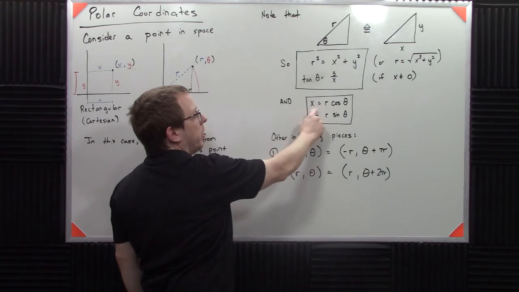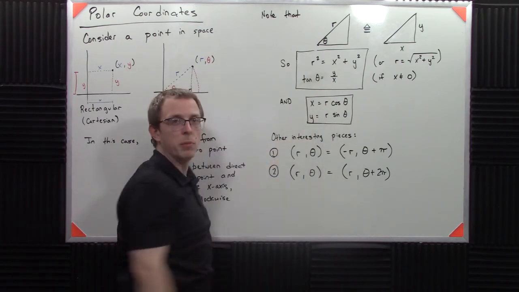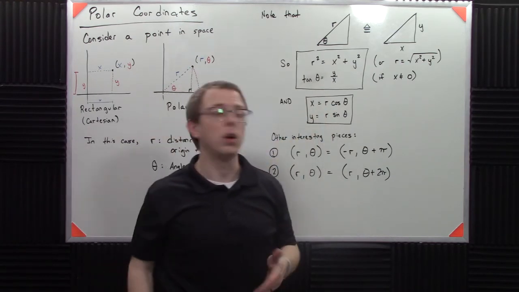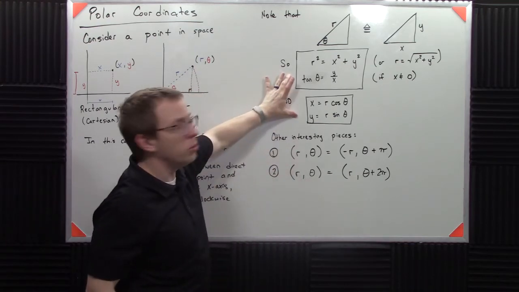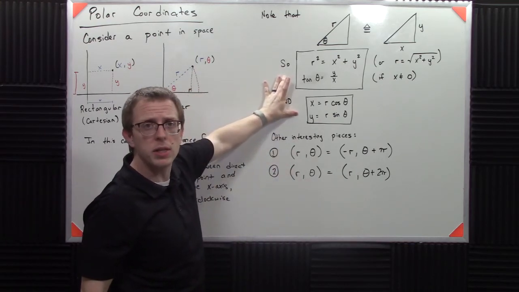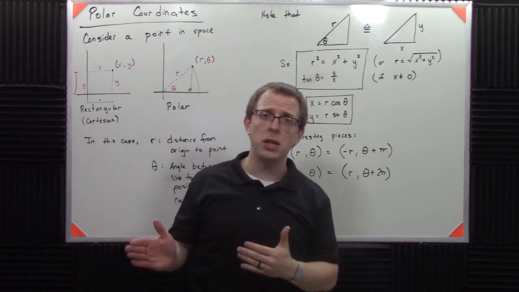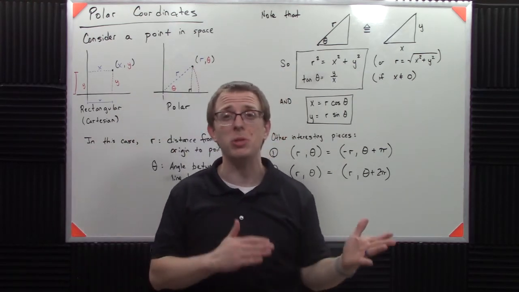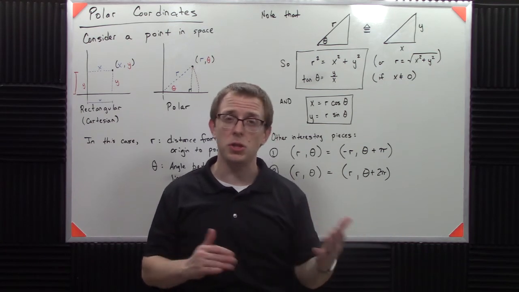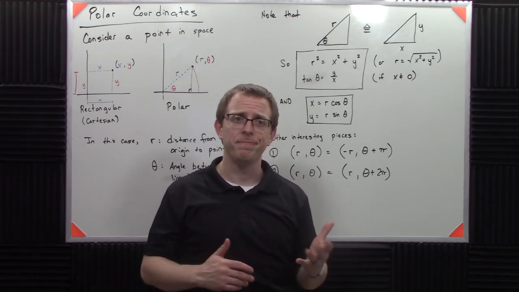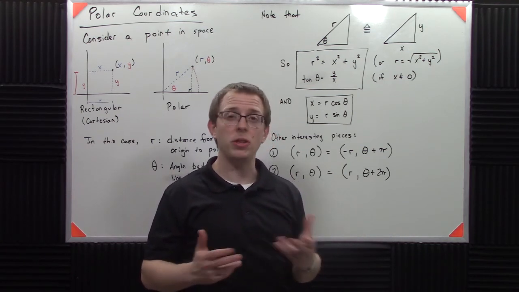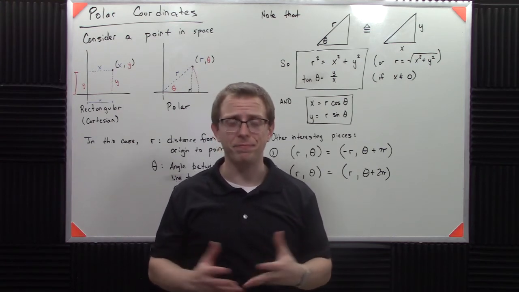So cosine of theta is x over r, or if I multiply both sides by r, I get x equals r cosine theta. So these are really huge. These are big deals because they tell you how to go from one to the other. Because sometimes it is convenient to do things in polar space, and sometimes it's not. It really just depends on what your application is, honestly.